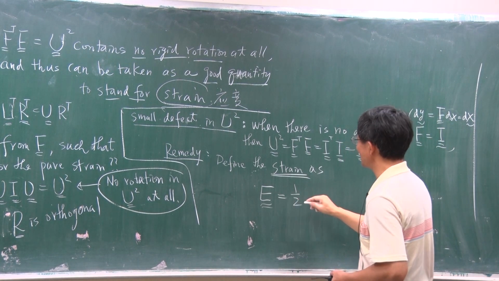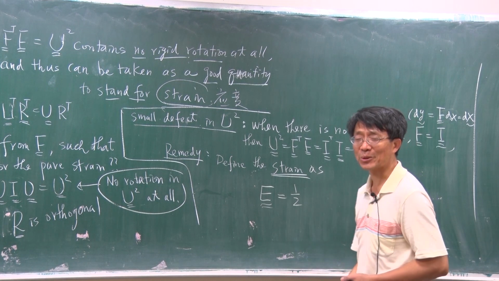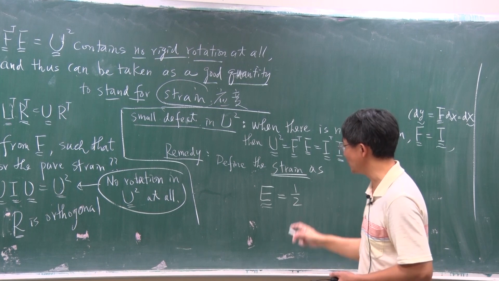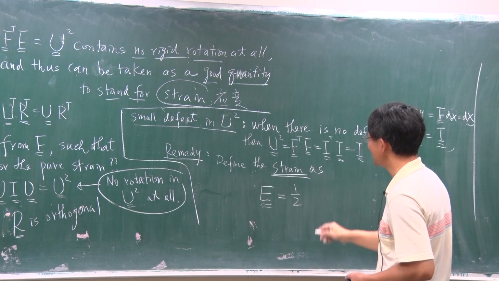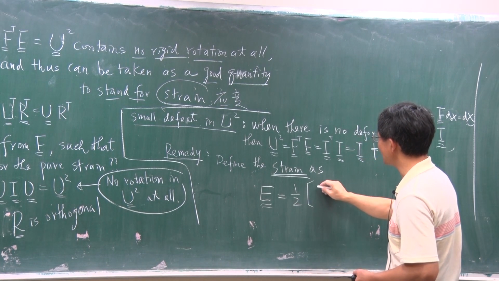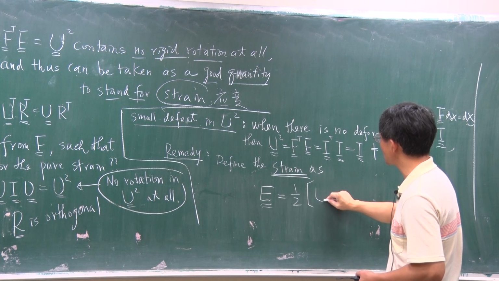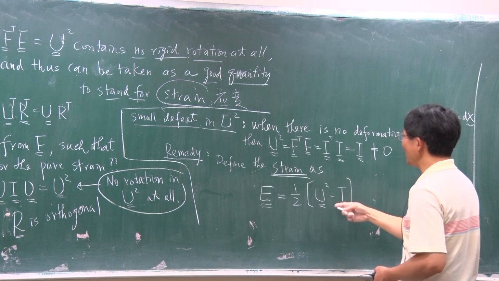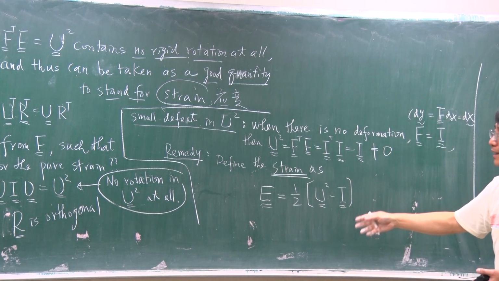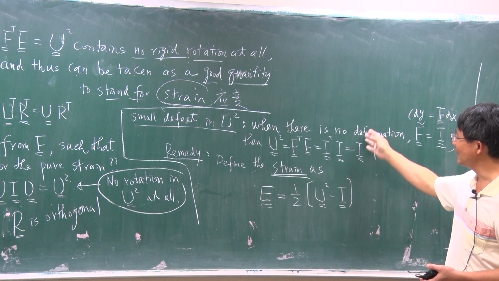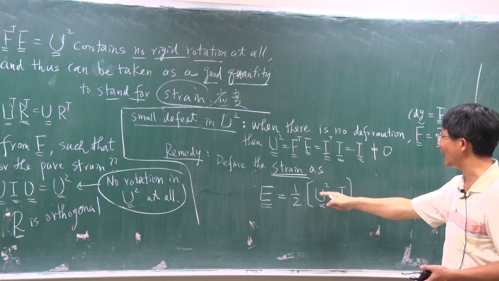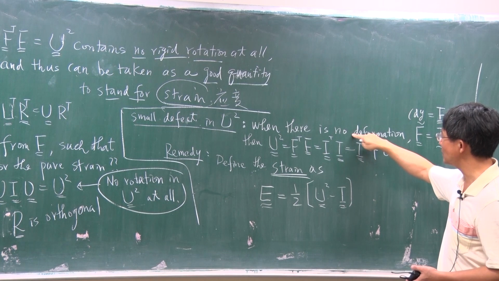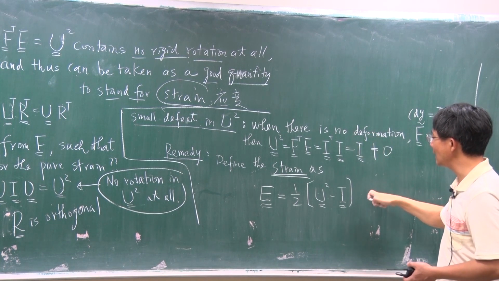It's 1/2, and you don't ask me why there's 1/2. I have already explained this concept to you before. We have 1/2, of course, and then U squared minus I. It's clear. If we define it in this way, if there's no deformation, then U squared equals I, minus I equals 0. So when there's no deformation, E equals 0.